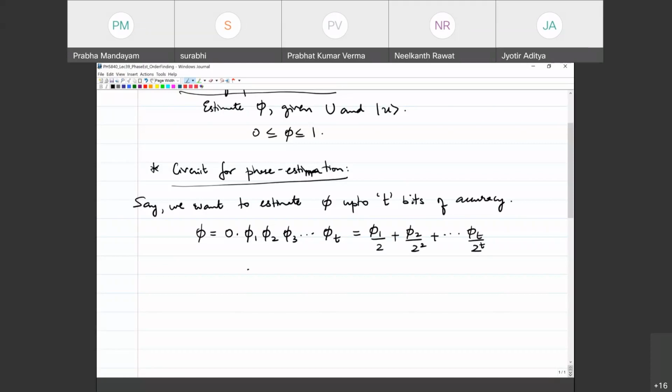Note that all your phi's are binary valued variables, they're either 0 or 1. So this is a fractional expansion of phi in powers of 2, a binary fraction, just like how we did in the case of the Fourier transform.